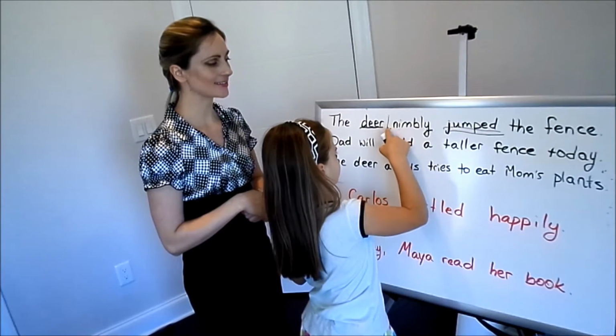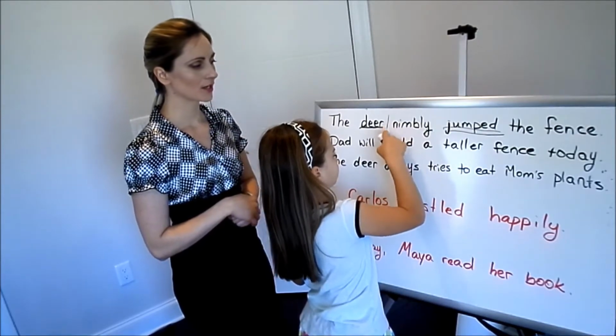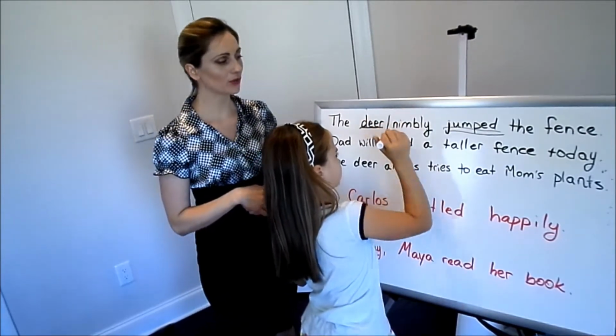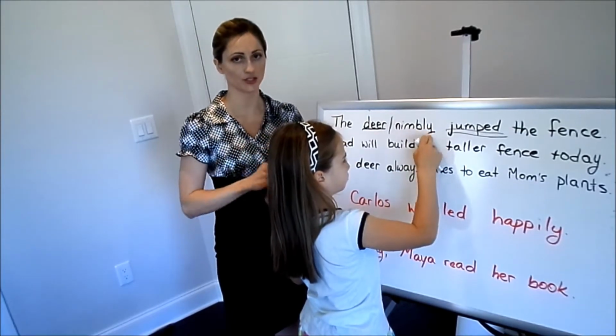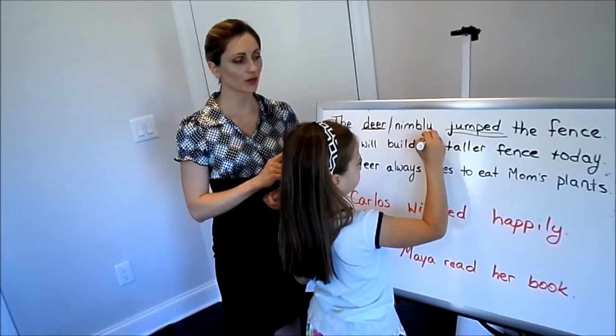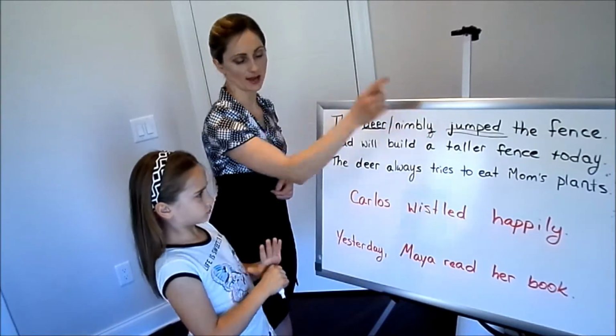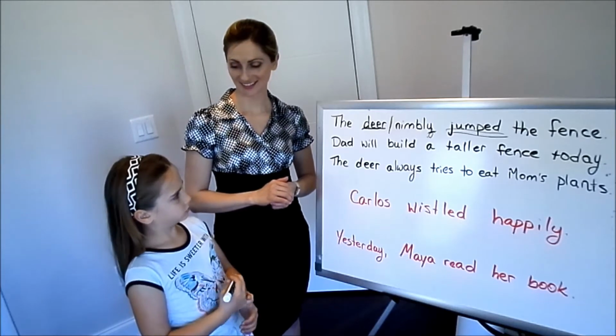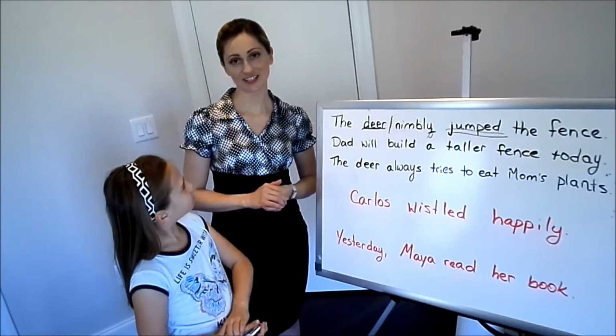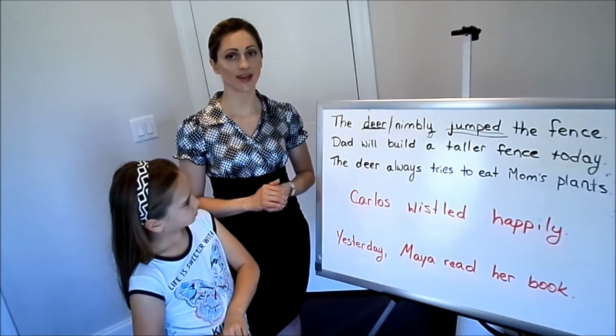Nimbly is not your verb, but nimbly would be a word that describes how the deer jumped. What do you call words that describe how the verb was done? They're not adjectives. Adjectives describe nouns.